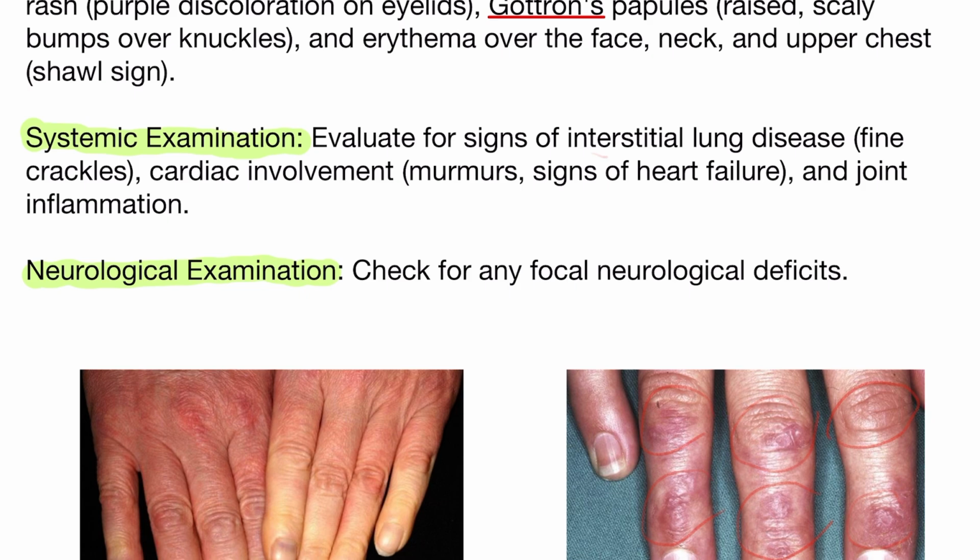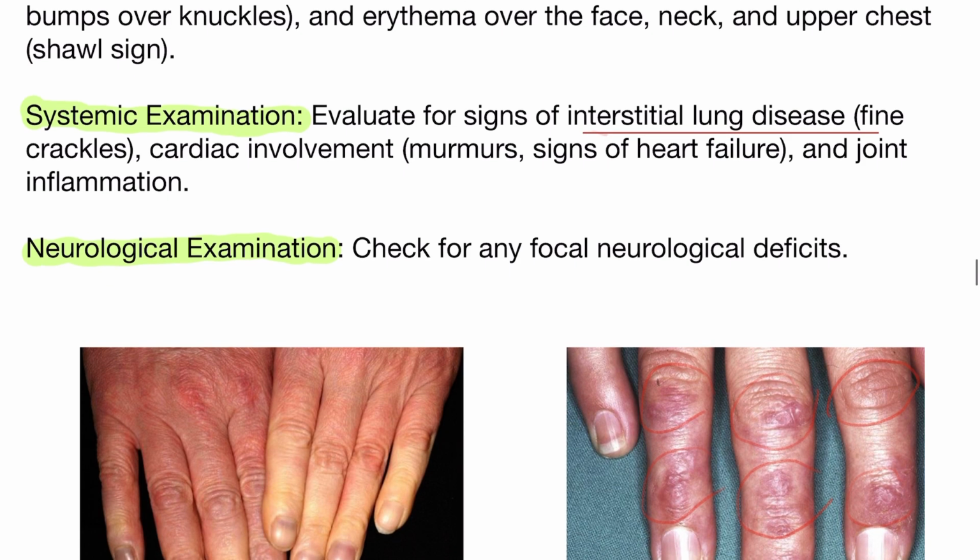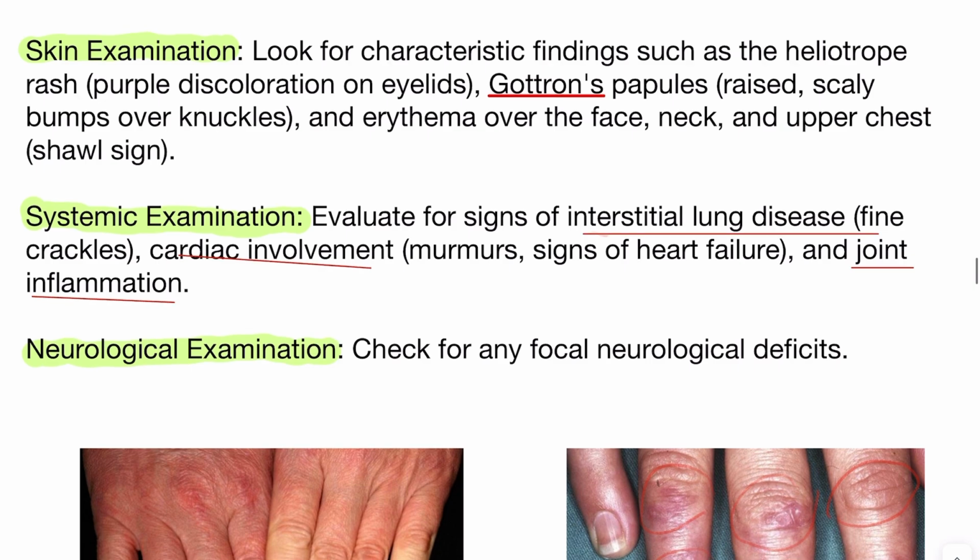We want to auscultate the lungs to look for any fine crackles, and then we also want to do the cardiac examination to look for any murmurs or any signs of heart failure, as well as look for any joint inflammation. And neurological examination, I think not much is needed, just briefly look for any focal neurological deficit.